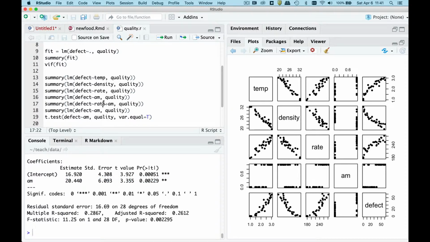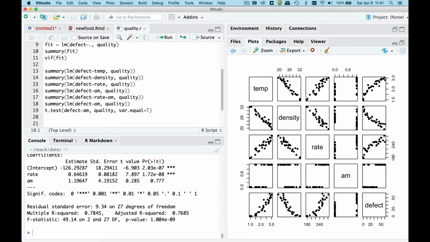However, if we were to fit a regression that includes rate, we come to a very different conclusion about shift. Here, shift is not significant. So what this means is I don't have any evidence to say that the morning shift makes more defects than the afternoon shift, because the p-value is nowhere near being significant.